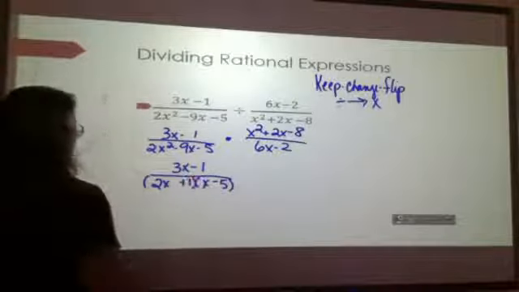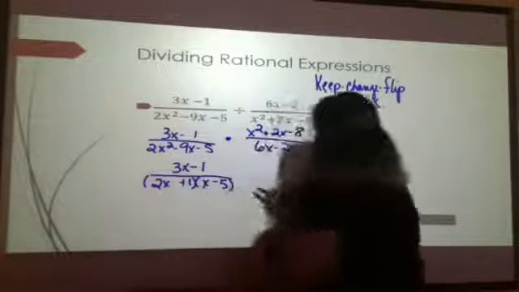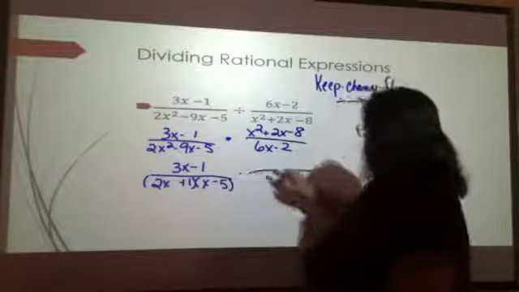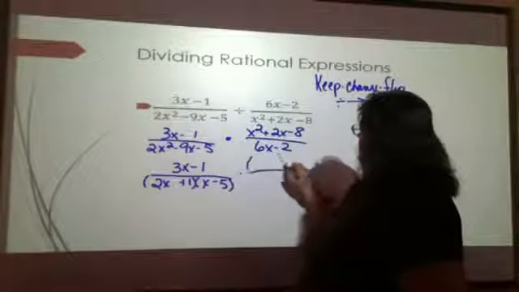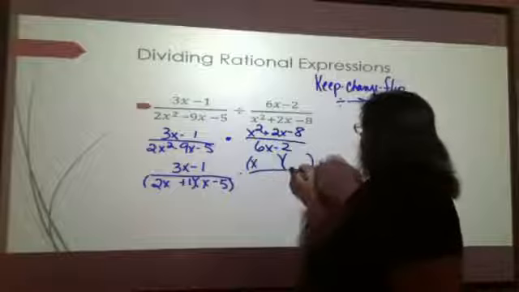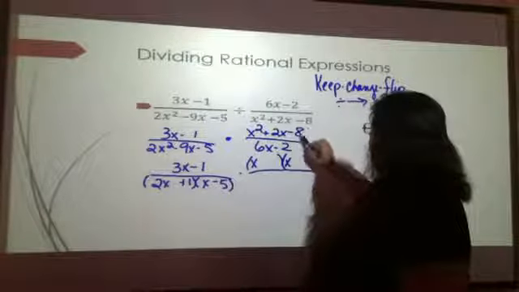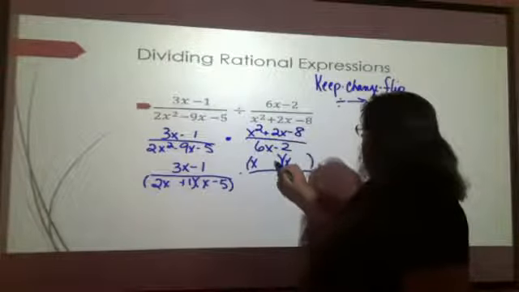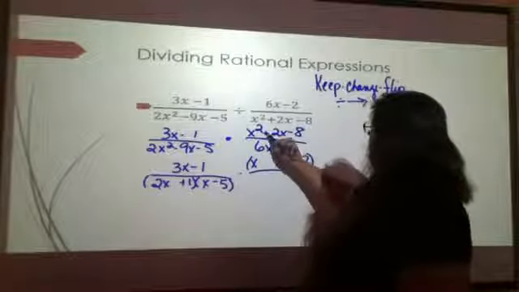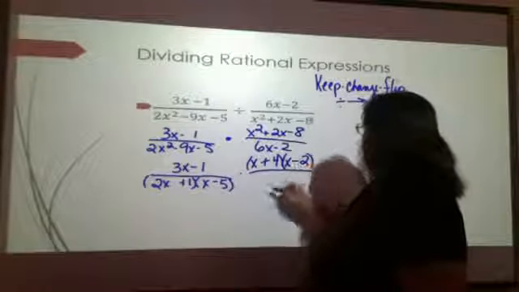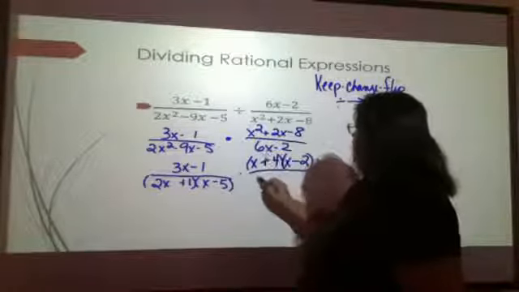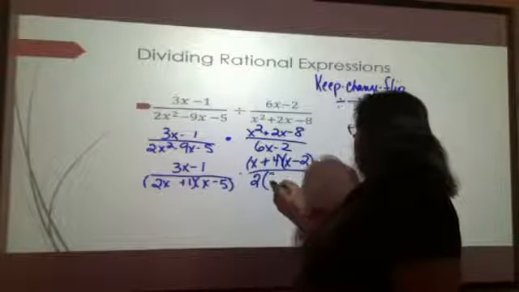We know that's the factor. And this one, let's see, looks like it factors x and x, factors of 8, They have a difference of 2. It's going to be 4 and 2. We need the larger one to be positive. 6x minus 2 has a common term of 2.